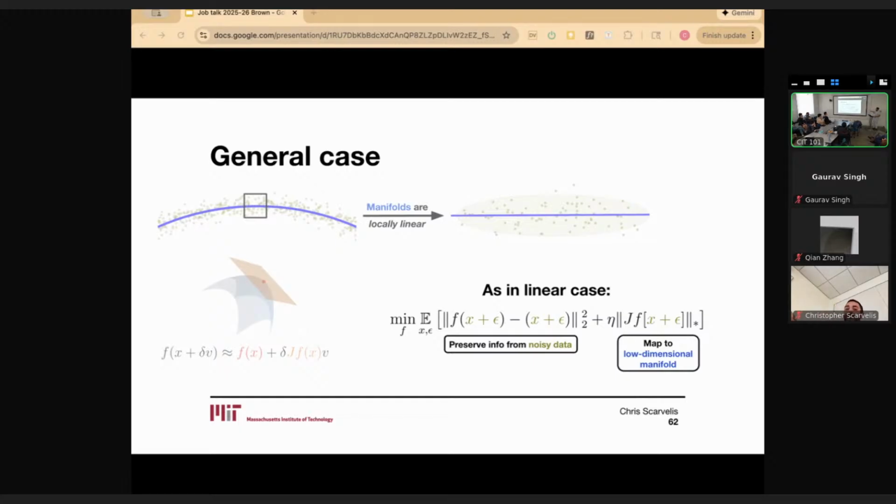So this new objective still tells the denoiser to preserve as much information as possible from the noisy data, behaving like the identity on noisy data. But now the regularizer tells it to locally behave like a low-rank matrix. We're going to encourage this behavior by penalizing the nuclear norm of the denoiser's Jacobian matrix, which is just a high-dimensional derivative.